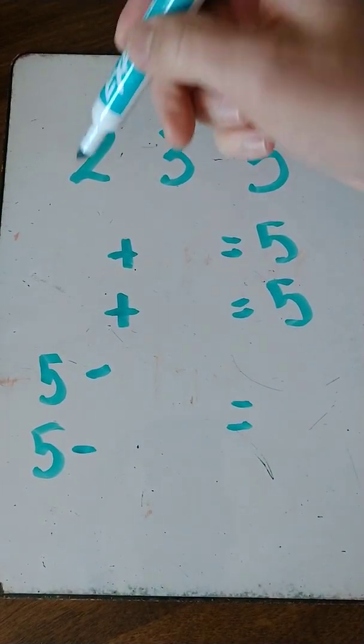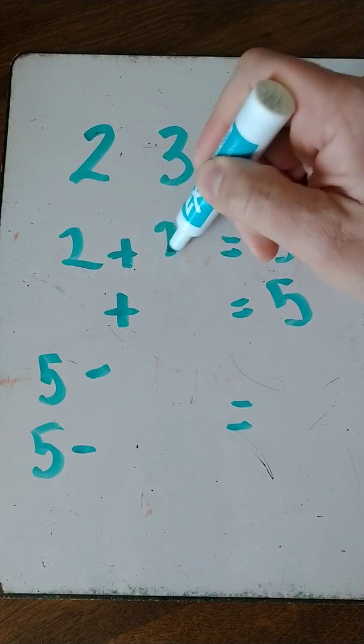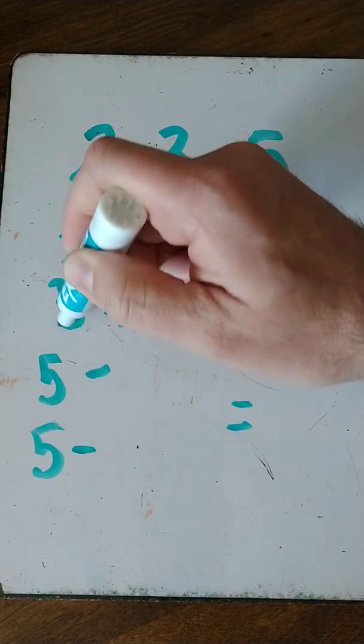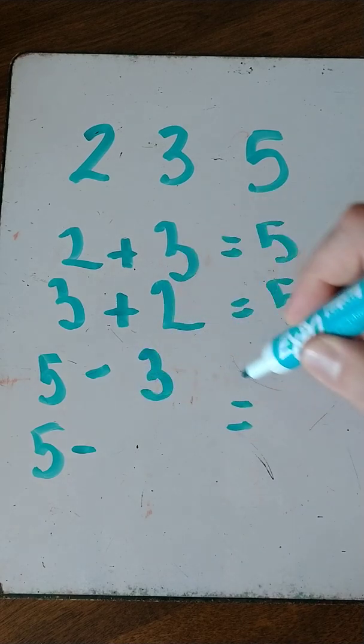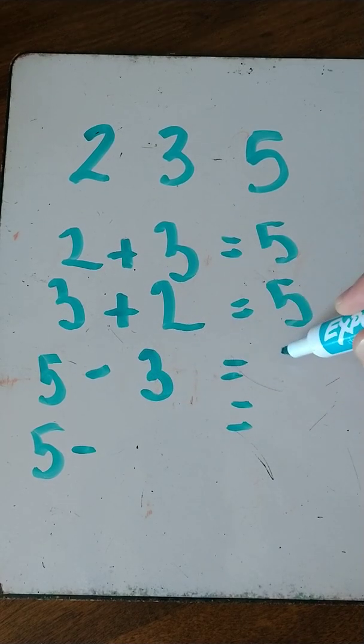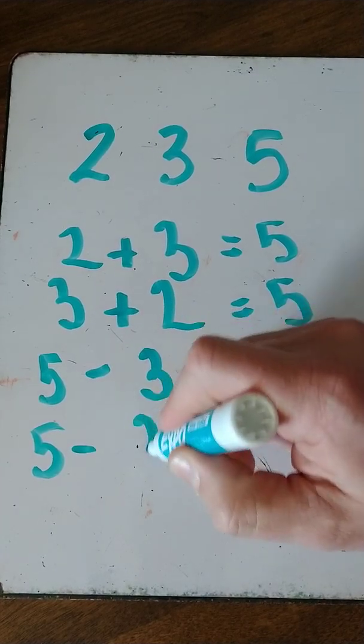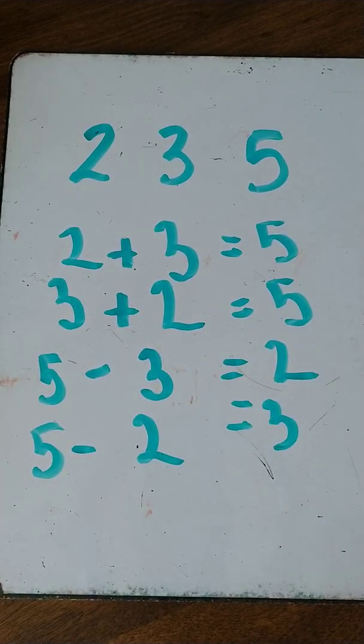So the first one we have is 2 plus 3 equals 5, and then we have 3 plus 2 equals 5, which we know are both true. And then we have 5 minus 3 equals 2, and then 5 minus 2 equals 3.